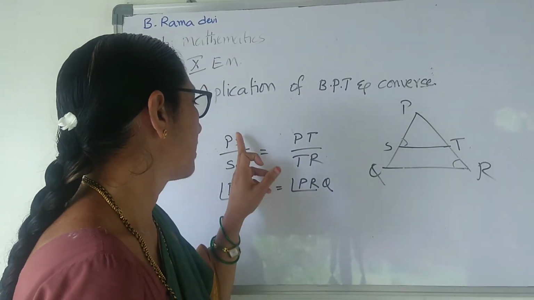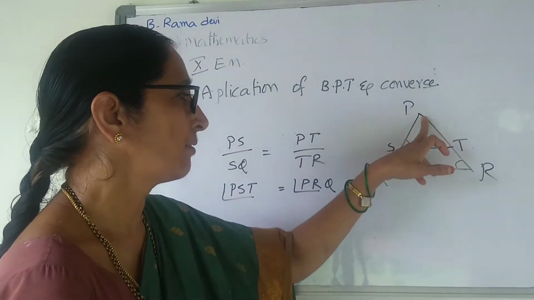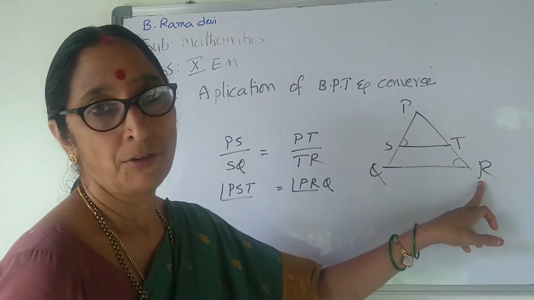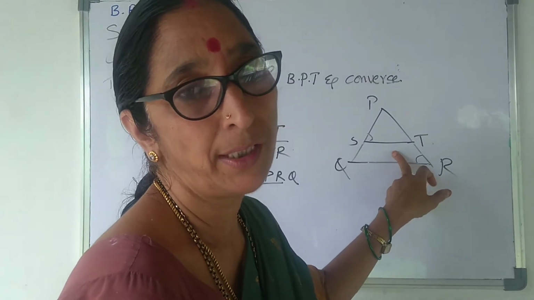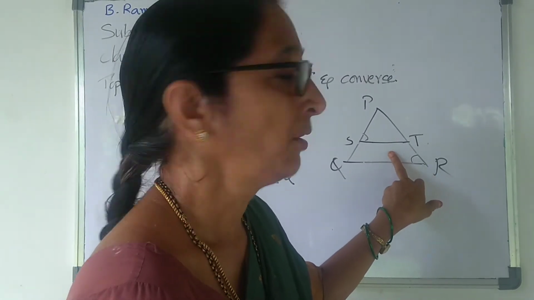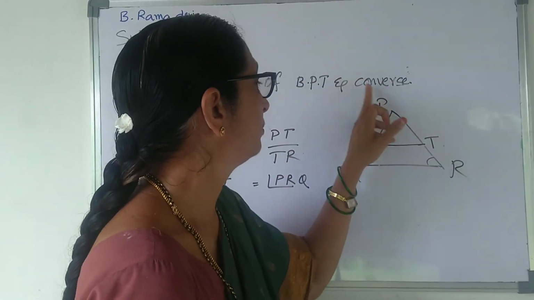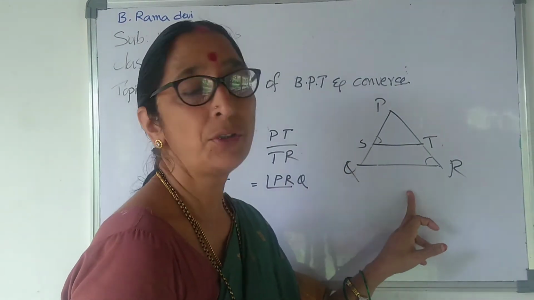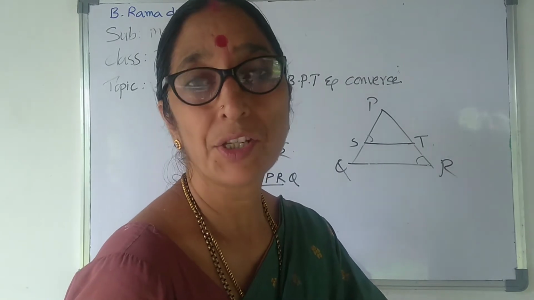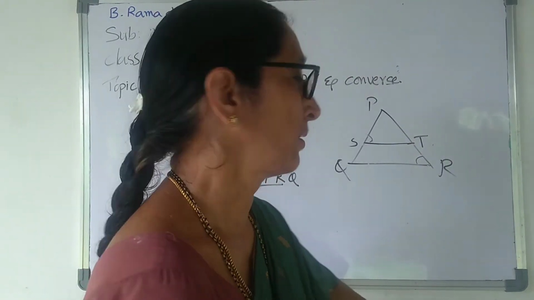This is the data: PS by SQ is equal to PT by TR. So the line ST divides the two sides in the same ratio. According to the converse of BPT, ST is parallel to QR.